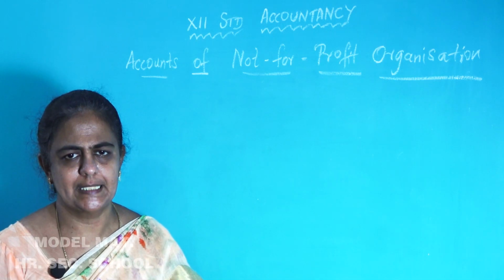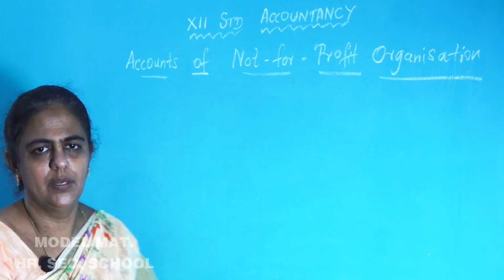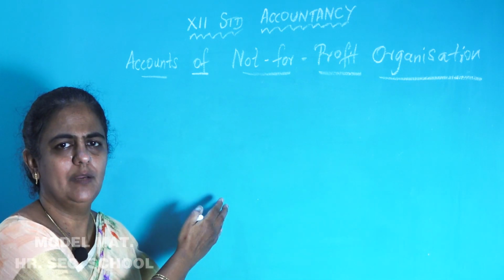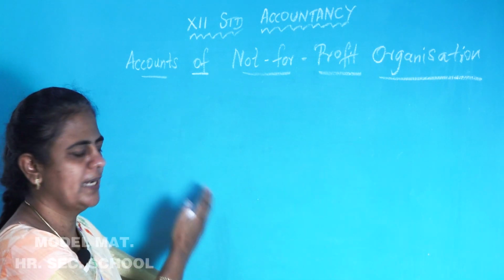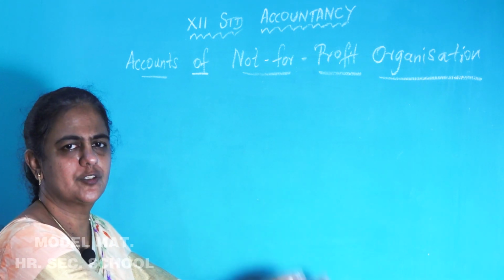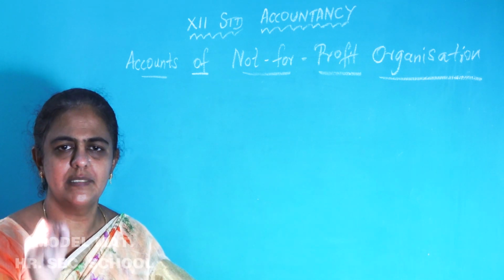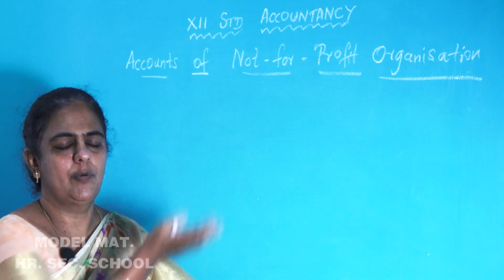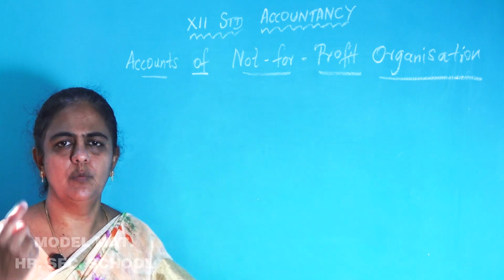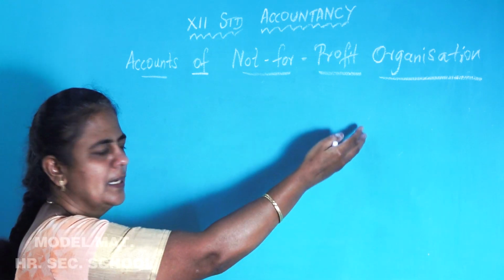As I already explained the format, you have to write all the receipts and the opening balance of cash and bank on the debit side, and all the payments and the closing balance of cash and bank on the credit side. It is very simple. Wherever the word received comes, R, put it on the receipt side. Wherever the words payments, purchases or paid come, put it on the payment side.